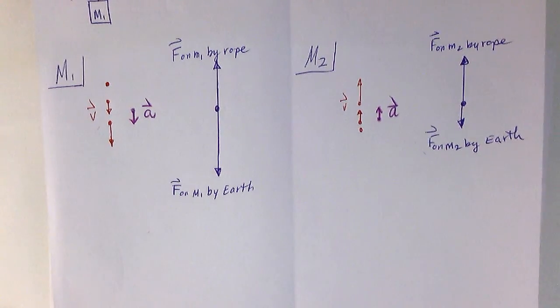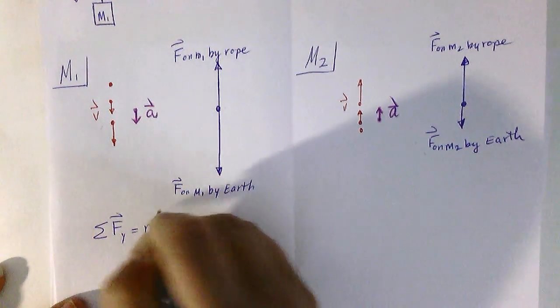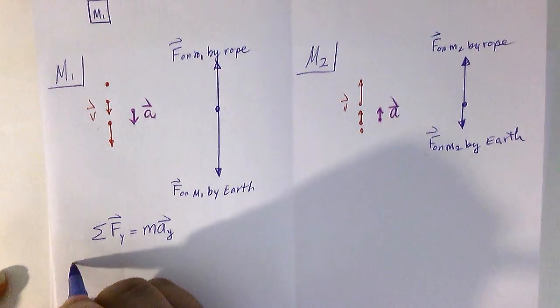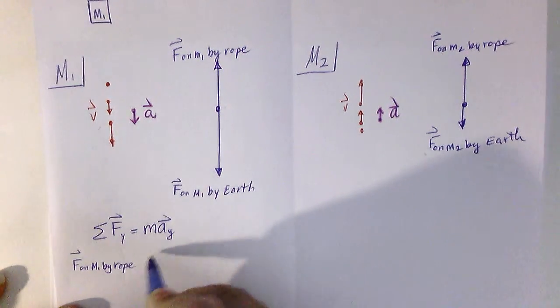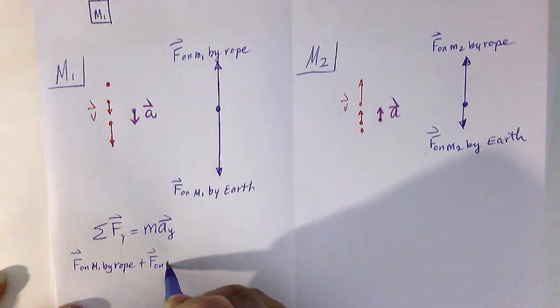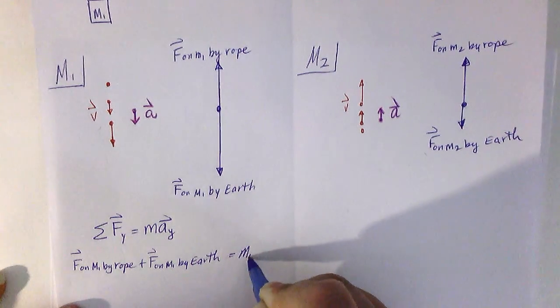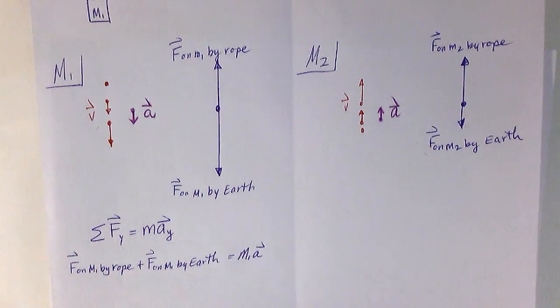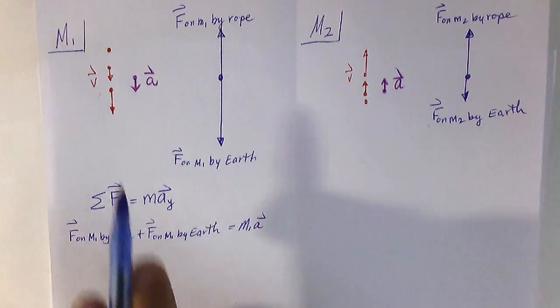Okay, so now what I'm going to do is go ahead with Newton's second law. So the sum of the forces in the y direction is equal to M a_y. And so now I'm going to substitute in for my free body diagram. I have force on M1 by rope plus force on M1 by Earth, and that is equal to M1 a. Am I accelerating? Look at your free body diagram, look at your motion diagram. The answer is yes.